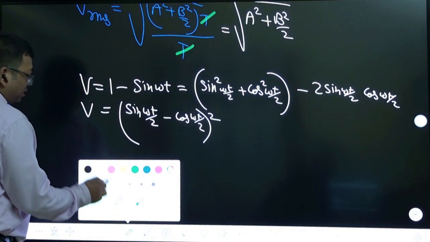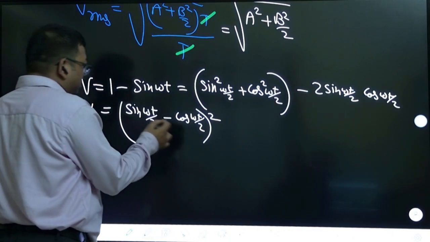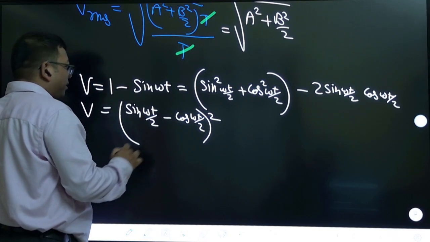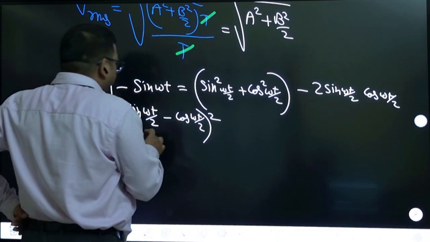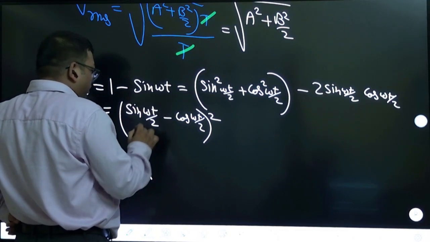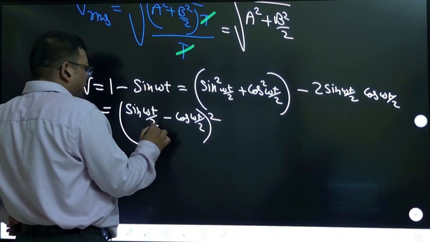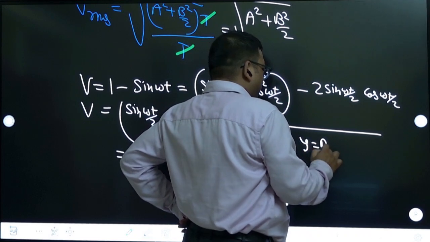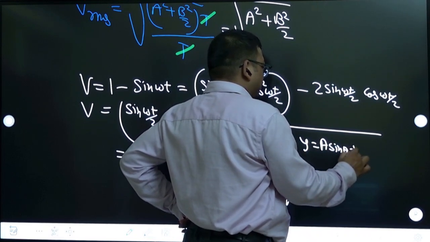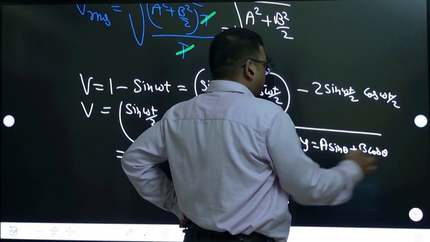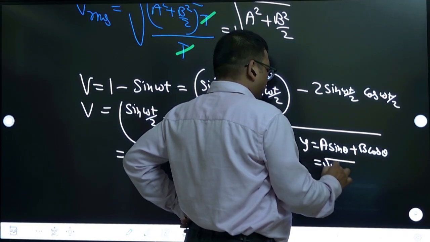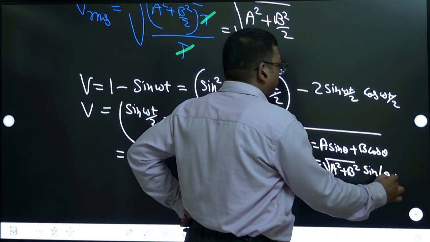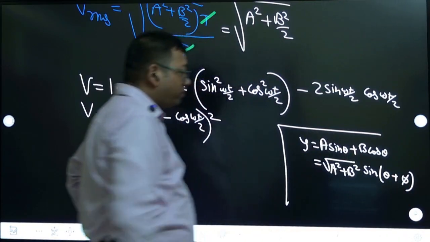Now the thing is that this term which we are getting here, we can simplify in one manner. How can we simplify this? We can use this formula: y equal to a sine theta plus b cos theta is written as root under a square plus b square into sine of theta plus phi.